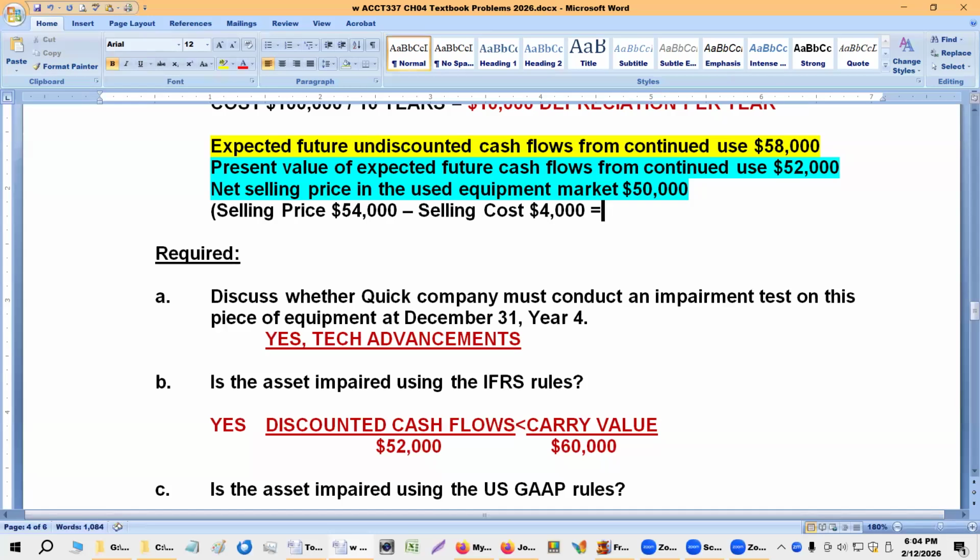And so this will be our net selling price of 50,000. So this is kind of how you come up with a net selling price.